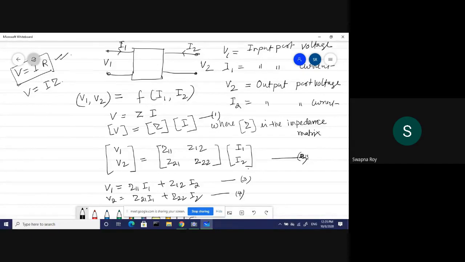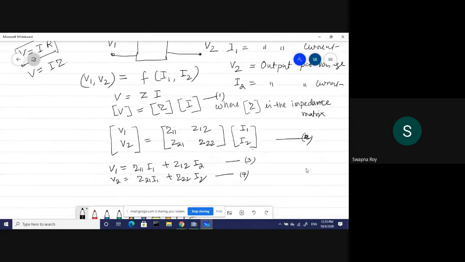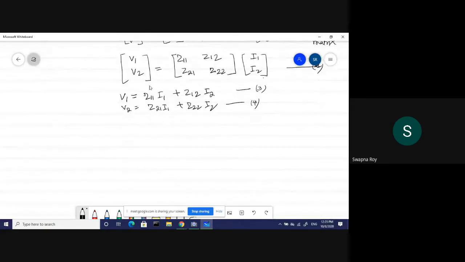Our objective is to find the values of V1 and V2, and we have to find the open circuit impedance parameters, that is Z11, Z21, Z12, Z22. So how can I do it?